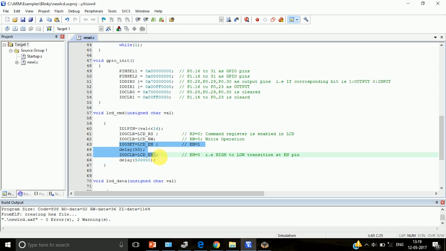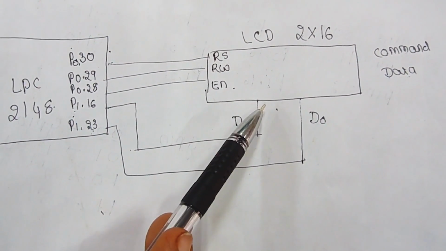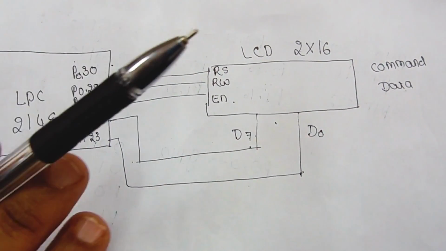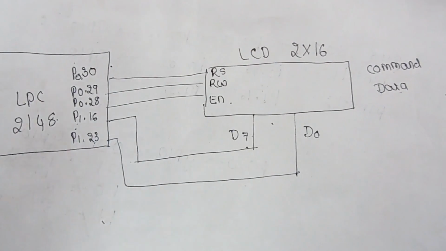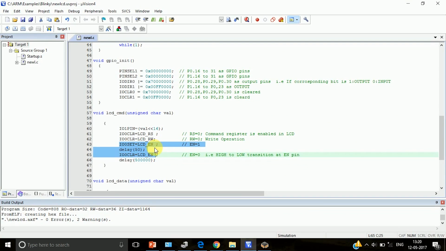Once the high to low signal is given on the enable pin, the command which is there from pin number 16 to 23 will get stored onto the command register. So this is how we write the commands one after the other to the LCD. First make RS 0, then make RW 0, make enable high, then make enable low. These are the control signals.